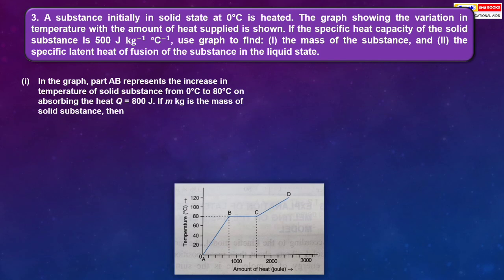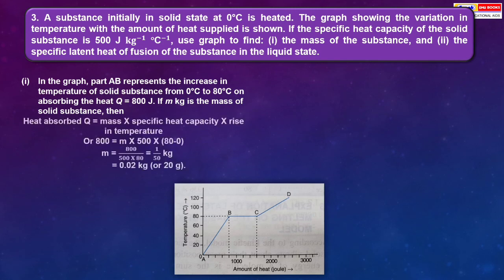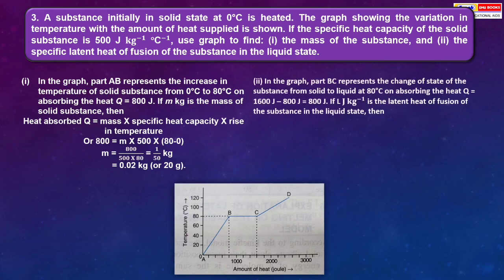If m kg is the mass of the solid substance, then heat absorbed Q is equal to mass into specific heat capacity into rise in temperature, or 800 equals m into 500 into 80 minus 0. Thus, m here is 0.02 kg or 20 gram. Second, in the graph, part BC represents the change of state of the substance from solid to liquid at 80 degrees Celsius on absorbing the heat Q equals 1600 joule minus 800 joule, that is 800 joule.